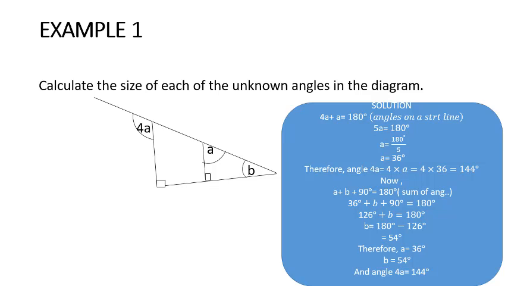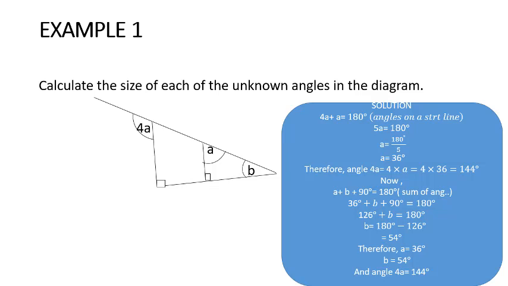So this is how we calculate the size of unknown angles in composite shapes. Before calculations, identify the shapes inside that particular composite shape, and then try to use different properties. Try to relate angles.